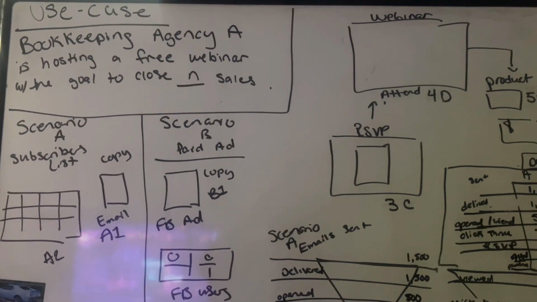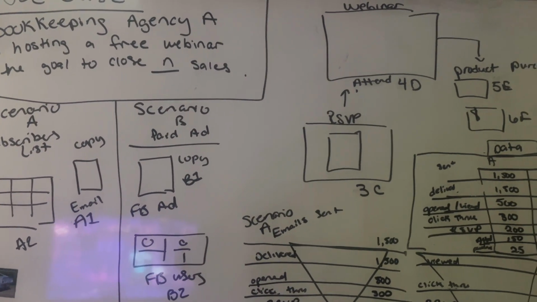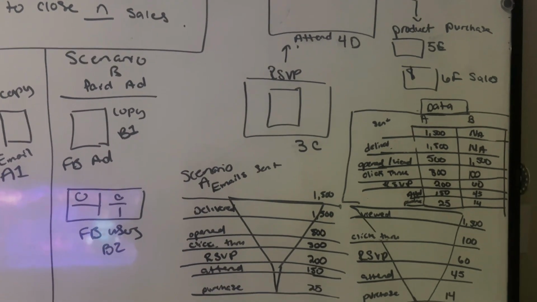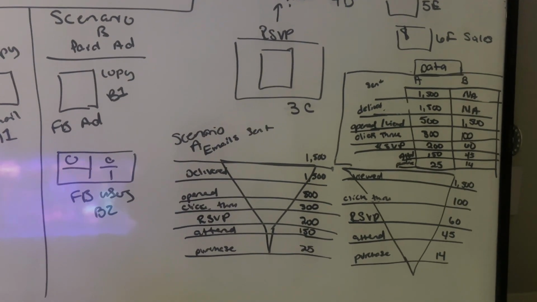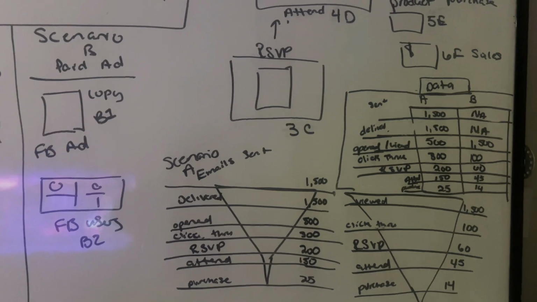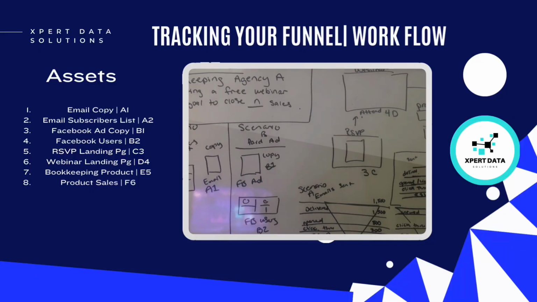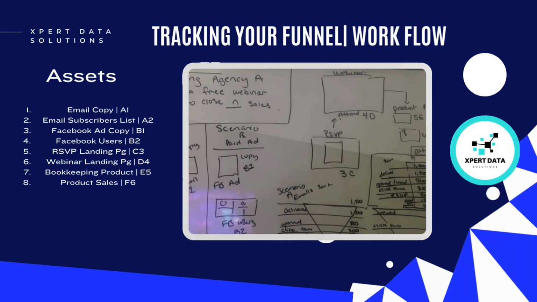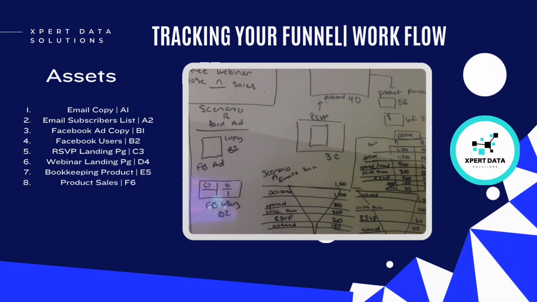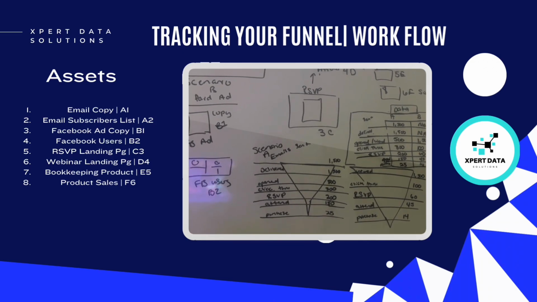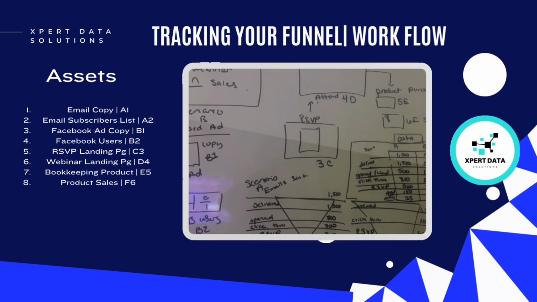All right. 5E is the product. Let's say the product that you're selling is a $300 setup. So get your books set up for $300, or maybe you're doing a diagnostics package. Maybe you have the goal of getting 25 people to purchase your diagnostics package. So that would be 5E.